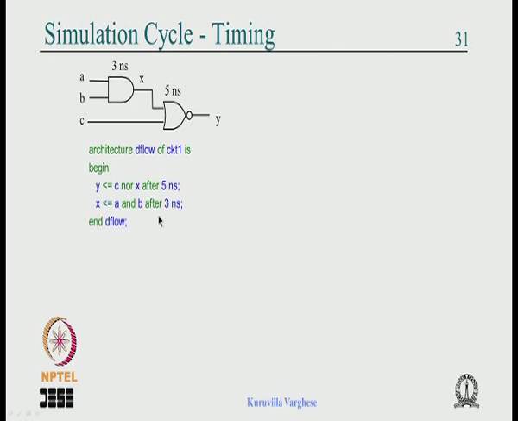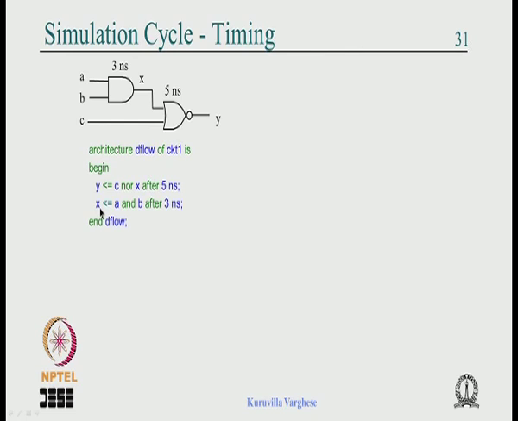Now normally, as in sequential language simulation, if there is an event on A, the simulator computes Y first, then X, and then nothing is going to happen, because Y gets C NOR X after 5 nanosecond, and whatever was the old value of X is used for the Y computation.